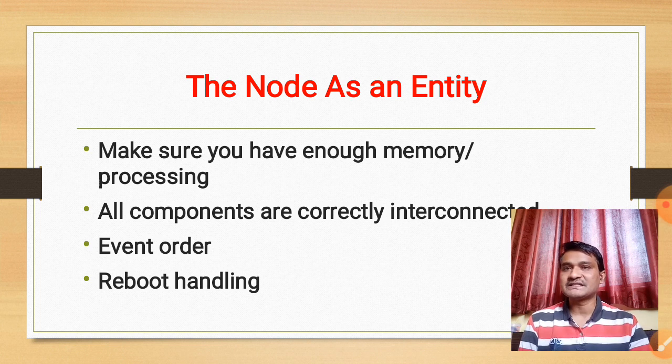The main principles are making sure you have enough memory or processing, all components are correctly interconnected, event order, and reboot handling. Individual components rarely have a memory problem. However, putting all components together might result in a memory and or processing bottleneck.